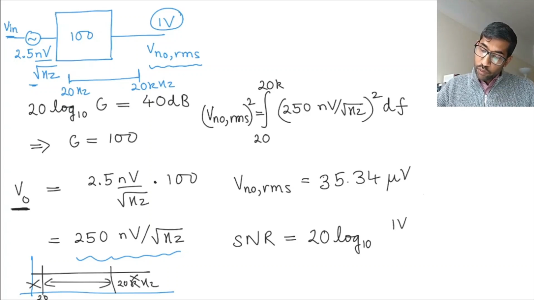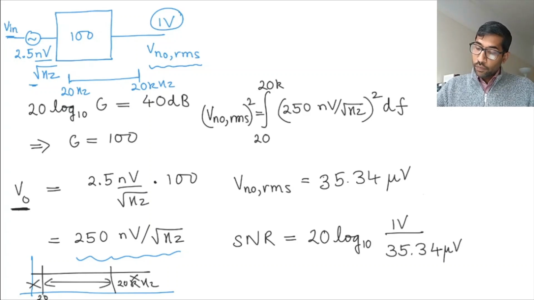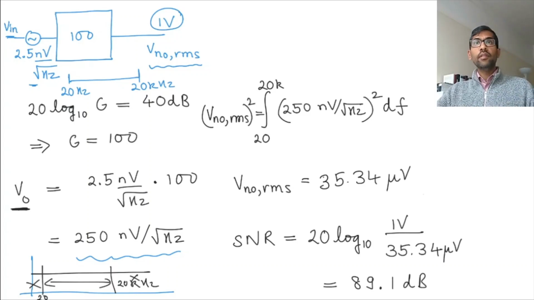So you have 1 volt divided by 35.34 microvolts. And what does the SNR turn out to be? It is 89.1 dB. So that's what the SNR of the system is going to be.